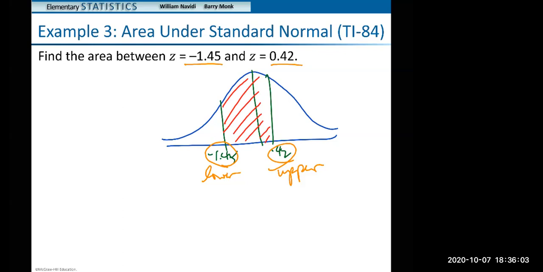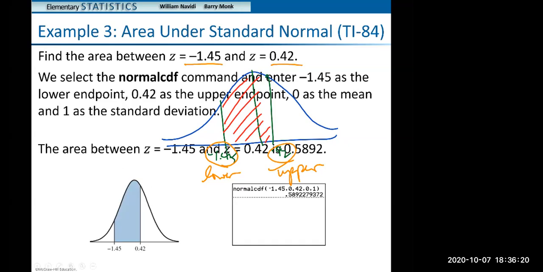What is your answer? 0.5892. Let's check. Yes, 0.5892. Very good. Any questions so far?